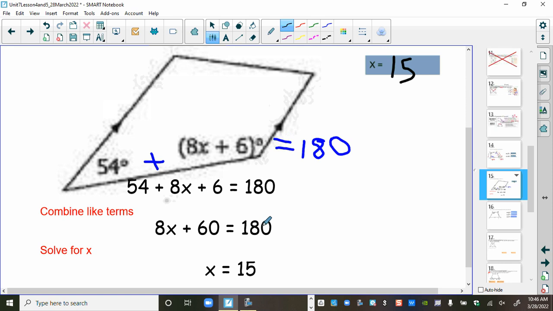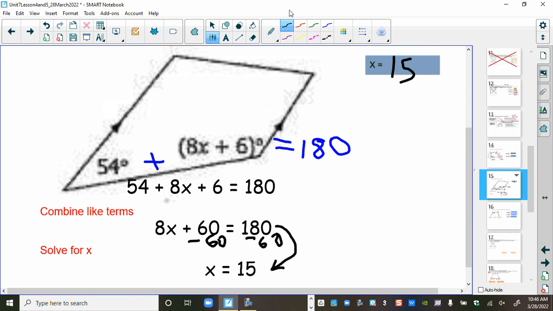Now, anybody have any questions solving for x from what we did? Combine like terms, solve for x. So you subtract 60 and then divide by 8. Minus 60.